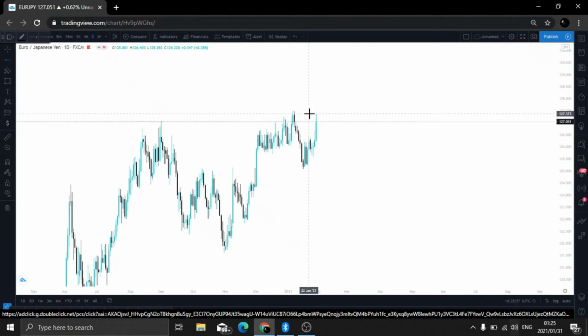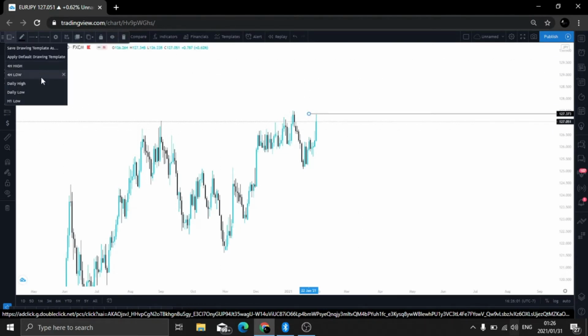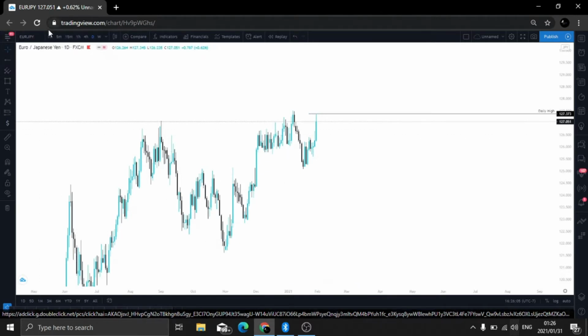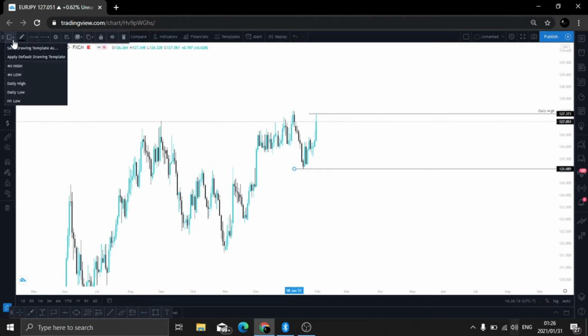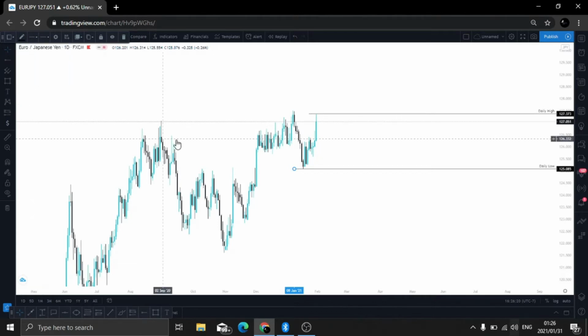So this is our daily high, then our daily low is over here. This is our daily low and our daily high. So let's jump into the H4 time frame.